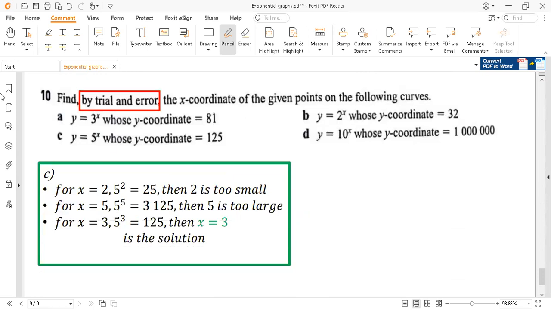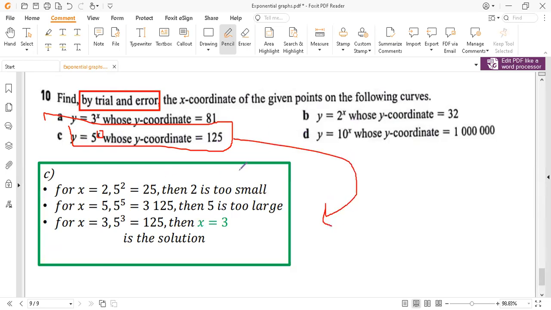How do we solve, for example, an equation given by an exponential function, by trial and error? For example, we have y equal to 5 power x, with y coordinate equal to 125, and we want to find x. The only solution here, as will be explained in this course, is trial and error.